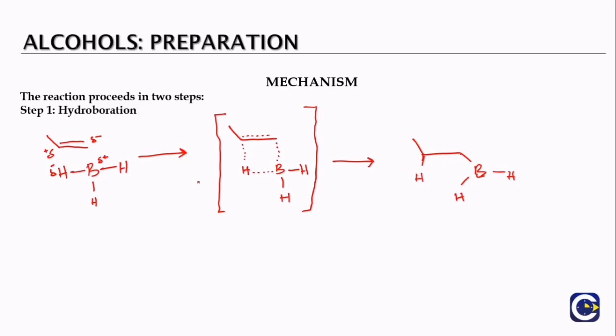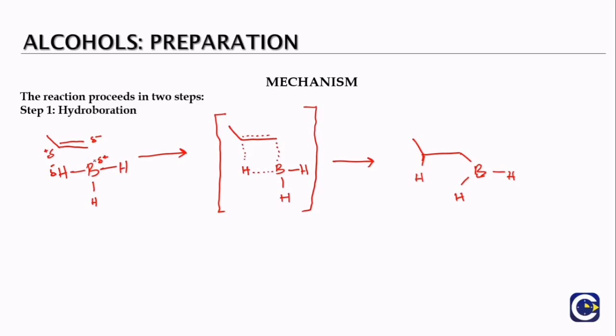We have to understand why the reaction is anti-Markovnikov, and why this is the syn addition. The reaction follows the anti-Markovnikov rule because, as you look at this, the negative charge is going to interact with the positive charge on this carbon, and the positive charge on this boron atom is going to interact with the negative charge of this carbon.